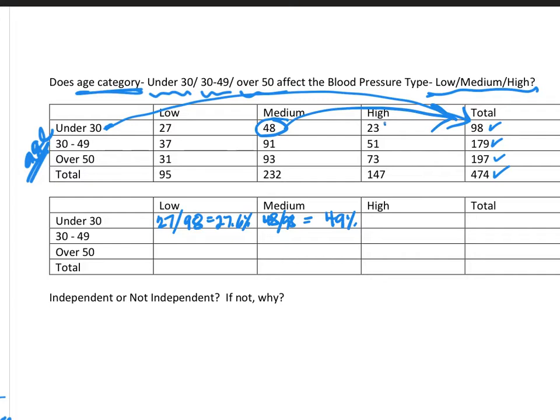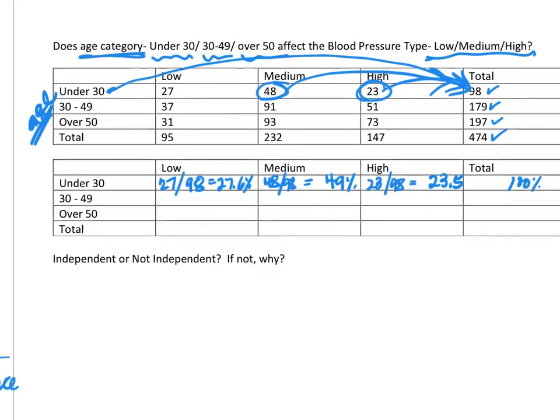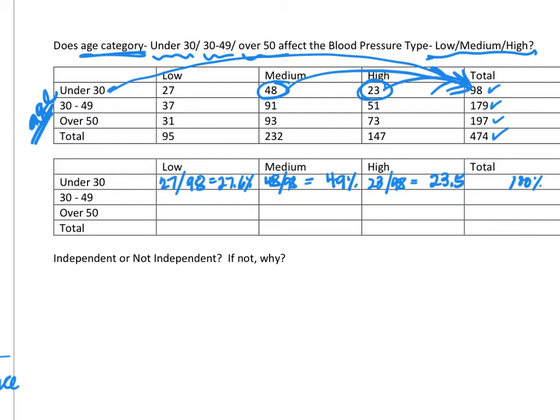And lastly, your high over the total of under 30-year-olds, so that's your 23 over 98, and that is your 23.5%. And then of course we're totaling 100% here. So let's take a moment. I'm going to pause this recording for a second for us to fill in the other numbers and then examine those for independence.